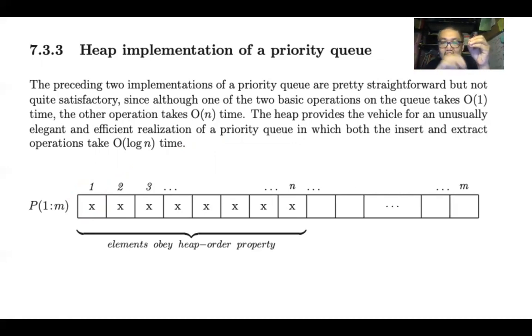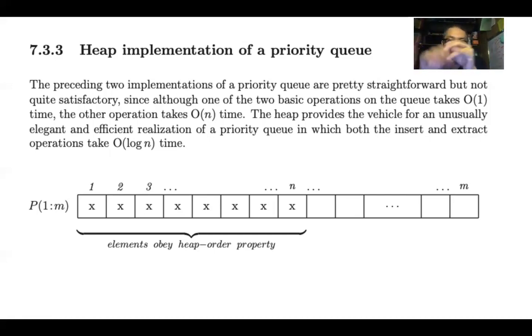We can put the bottommost element, and then we have to do heapify to keep it as a heap. That will be log n. So extraction will actually be log n, because it's easy to get the top element, but converting the remaining elements into a heap again will take us log n.